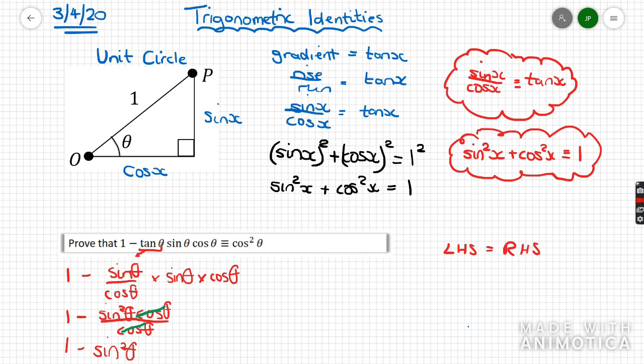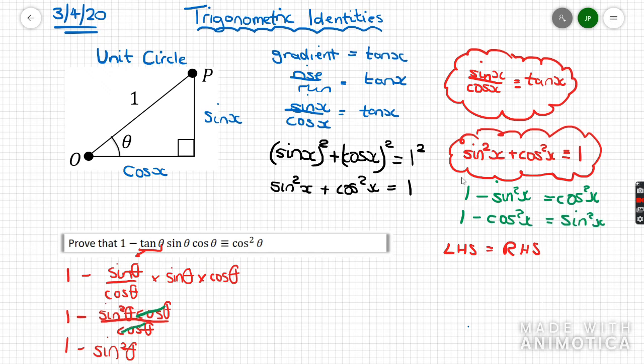Now, an important thing to remember about this identity especially is that from this I can rewrite two more identities, because I can have that 1 minus sine squared x is cos squared x, and 1 minus cos squared x is sine squared x.